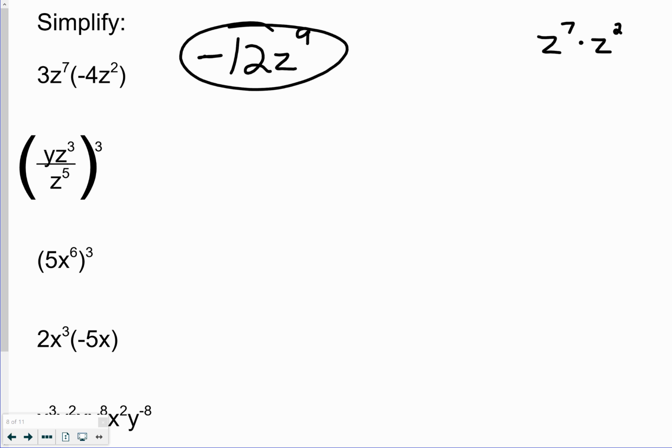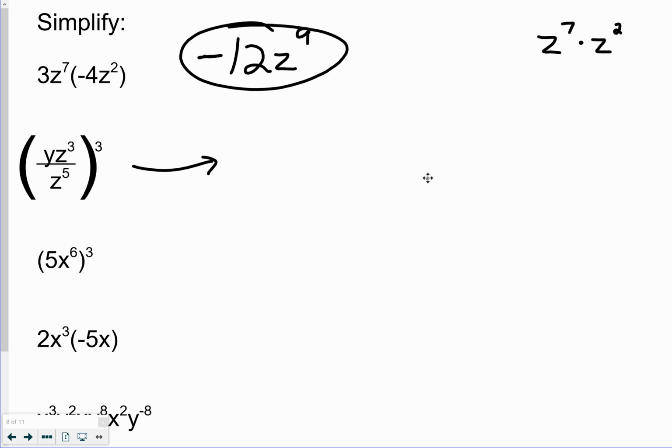Now you have options here. You can simplify inside the parentheses, because I see two instances of the same base. Or you can raise everything to the 3rd power first and then simplify. Do I care? No. I've been doing this for a long time. The students that I see with the most success simplify inside first. So let's simplify inside first.